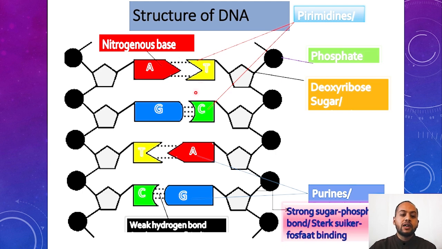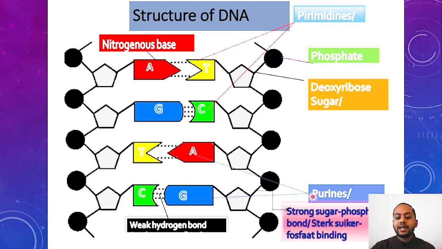Now, another important factor to remember is that some of these nitrogenous bases are going to be long and others are going to be short. What exactly do I mean by that? If we have a look at adenine and guanine, you'll notice that adenine and guanine are longer compared to thymine and cytosine, because cytosine and thymine are smaller nitrogenous bases. Since adenine and guanine are longer, they are generally going to be double-ringed.